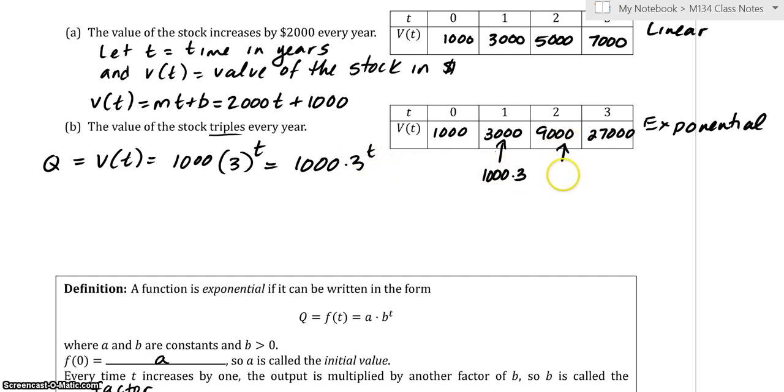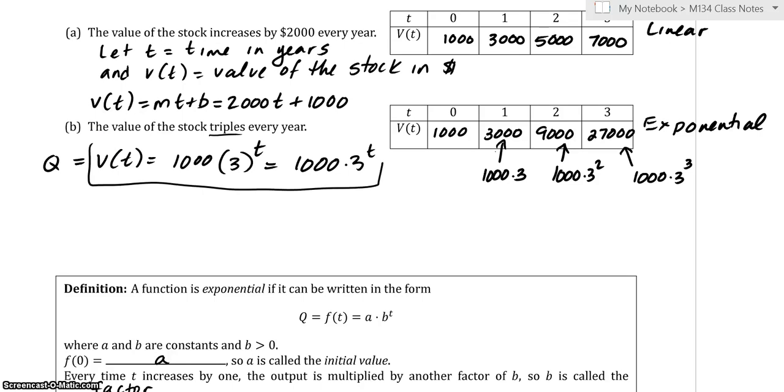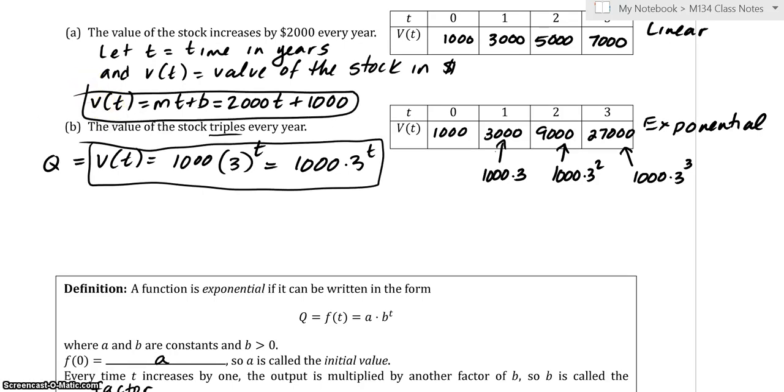If I plug in a 2 here, that would be 1,000 times 3 squared, multiplying by another 3. And if you put a 3 there, that would be 1,000 times 3 cubed, which would be multiplying by another 3. So that is the formula for part b, our new exponential. You can do it by logic, or you can do it with this new formula.